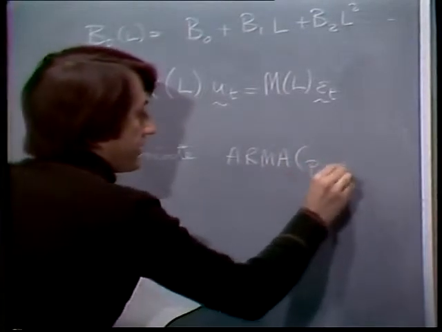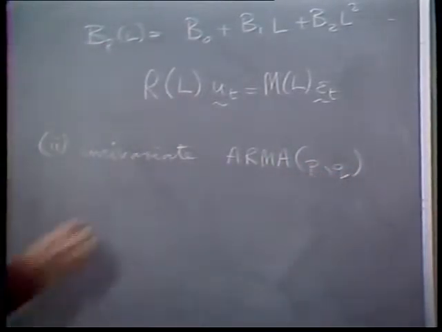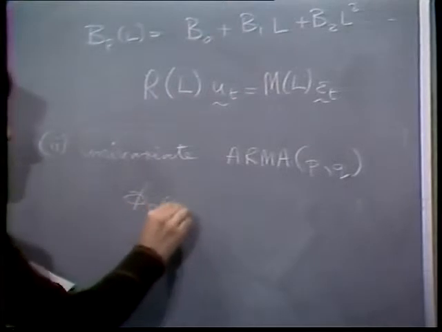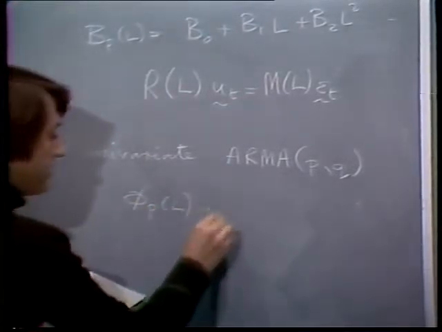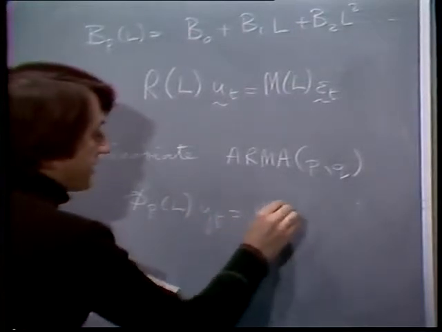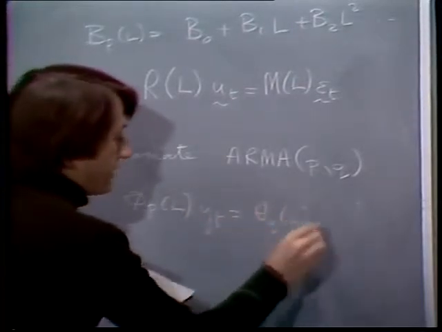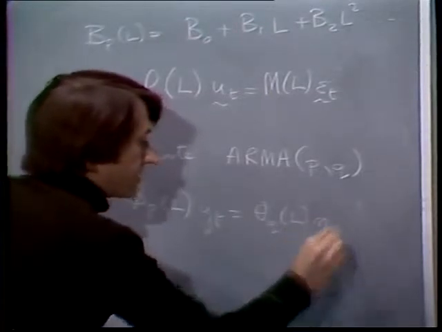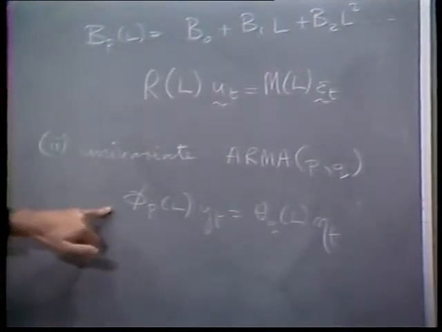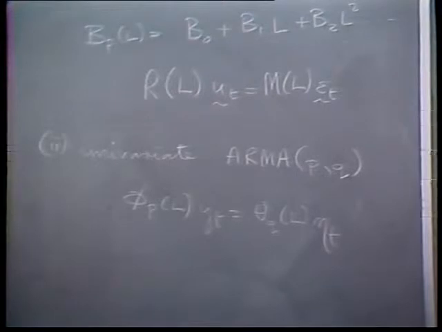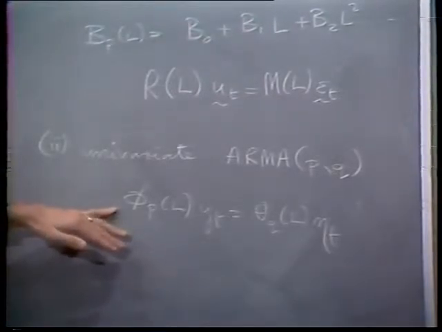And if we consider an ARMA PQ model, then we have phi of L of order P, yt is equal to theta q of L eta t. And this would be a univariate ARMA PQ model. And these are now very familiar following the work of Box and Jenkins and other people.